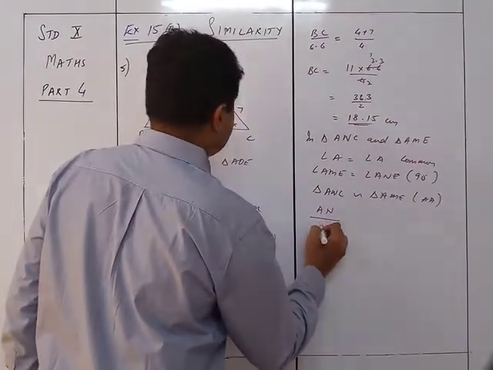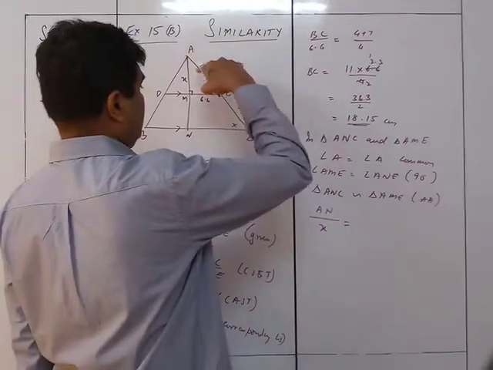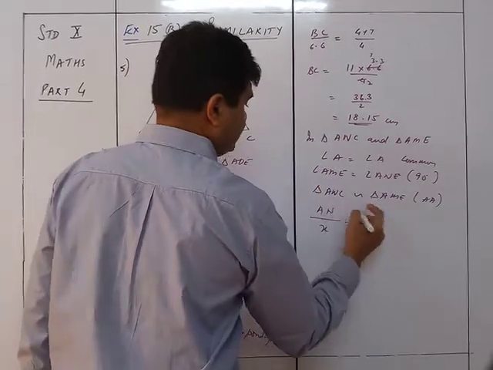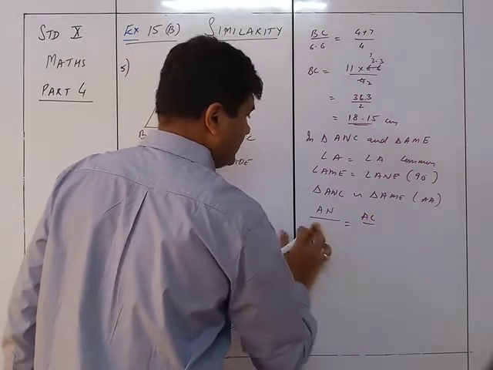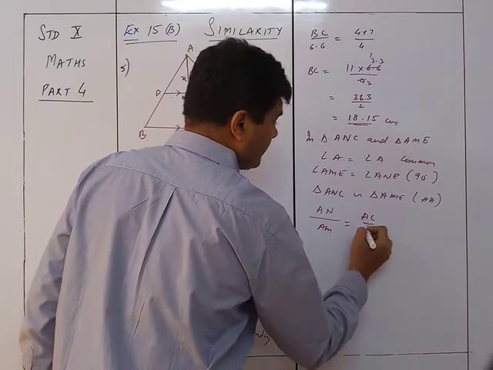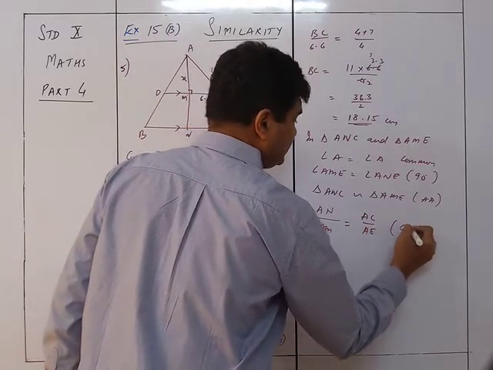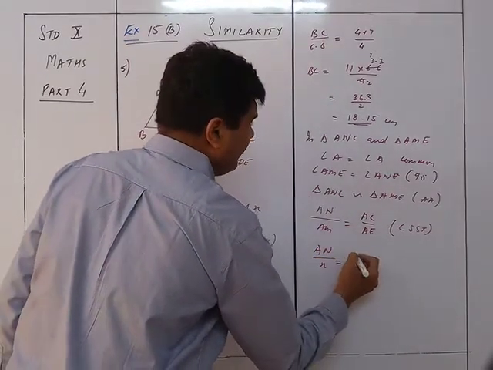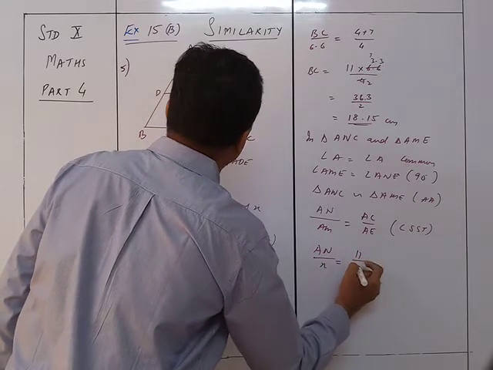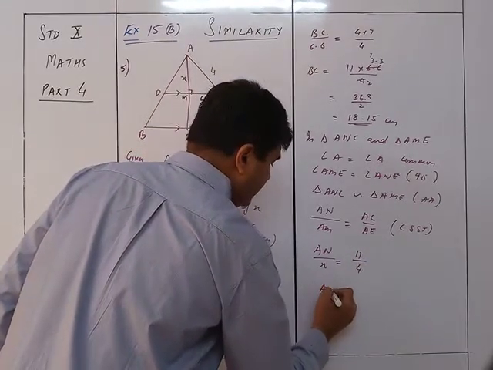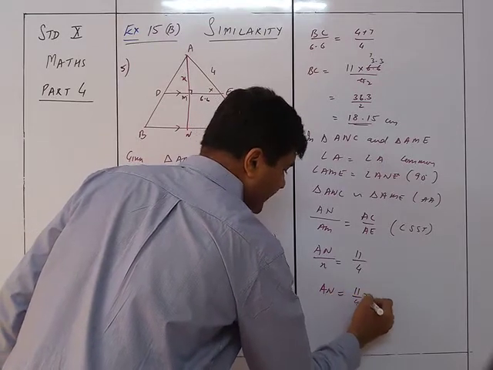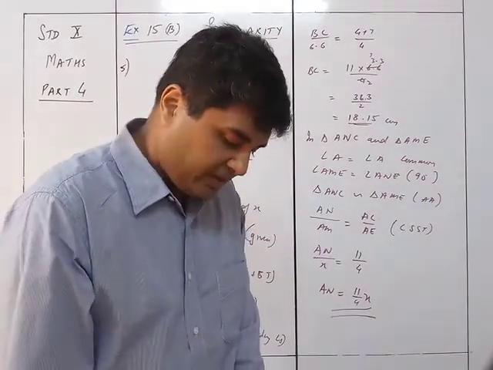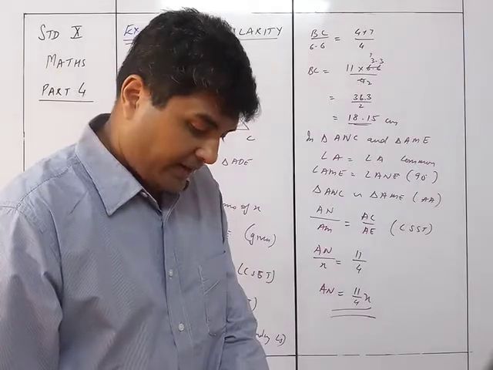AN upon AM, which is x, is equal to AC upon AE by CSST. So AN upon x is equal to AC, which is 11, upon AE, which is 4. So AN is equal to 11 upon 4 x. So the perpendicular from A to BC will be 11 upon 4 x.